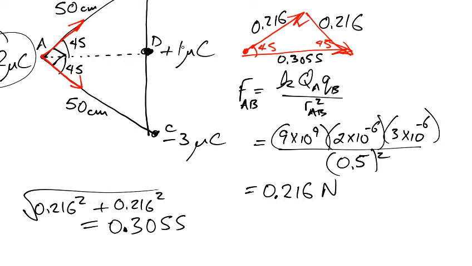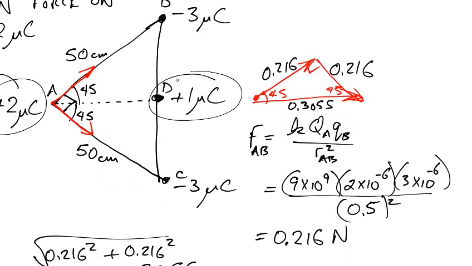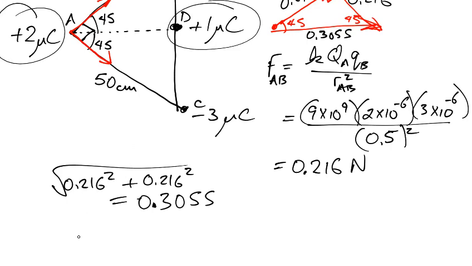Now, the only one left that we have to worry about in this case is the 1. This guy actually repels the positive 2 to the left. So in fact, we can now subtract that guy.